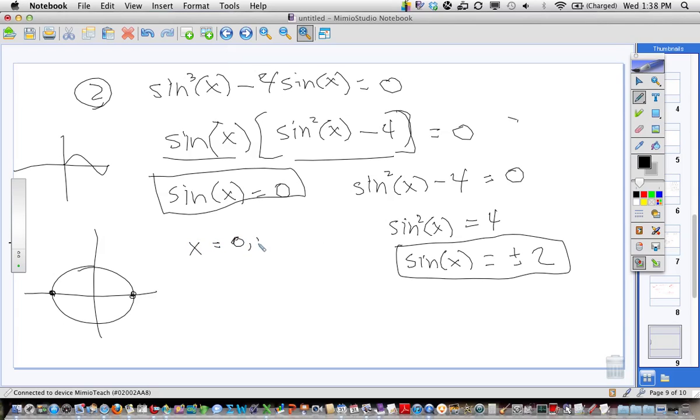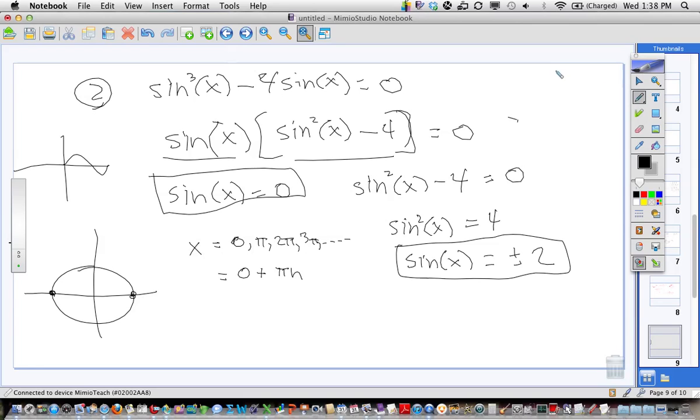It'd be at 0, pi, 2 pi, 3 pi, 4 pi, and wouldn't it just go forever and ever? Remember the pi n thing? We wouldn't even do 2 pi n because it repeats every pi. You wouldn't even need the 0, and n is a 1 or a 2 or a 3 or a negative 1, right? You could go backwards. It could be negative pi or negative 2 pi.